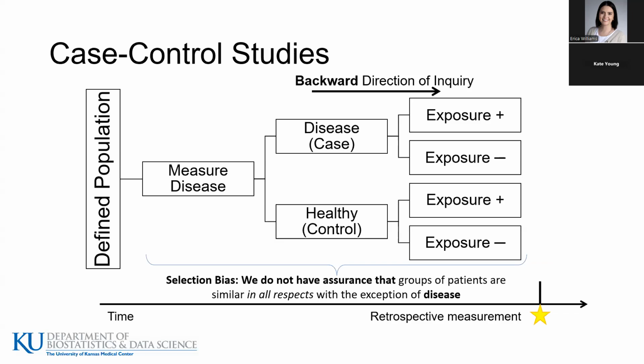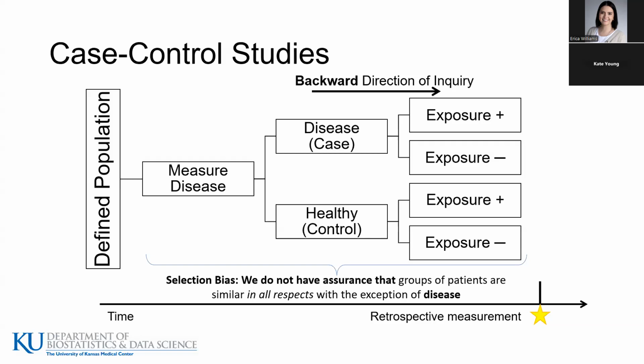In a cohort study, exposure is observed prior to when the health outcome is observed. Here, the health outcome is observed prior to when the exposure is observed, making this a backwards directional study.